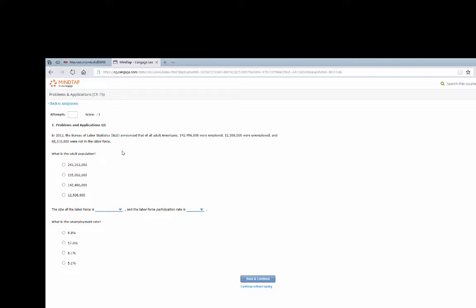it's asking us what is the adult population. So just to give you an idea of what that would mean, the adult population is going to be people that are employed, people that are unemployed, and then people that are not in the labor force.